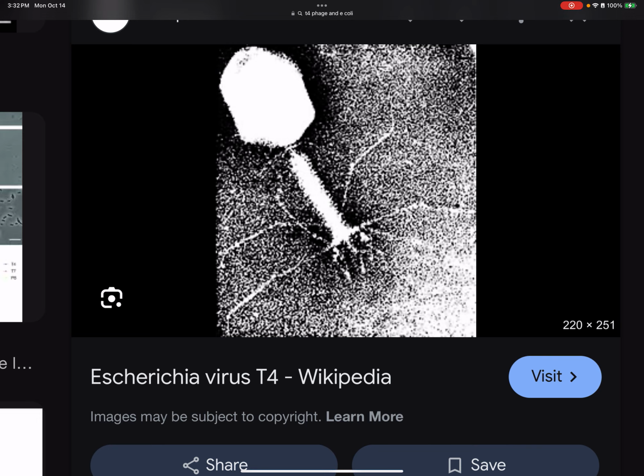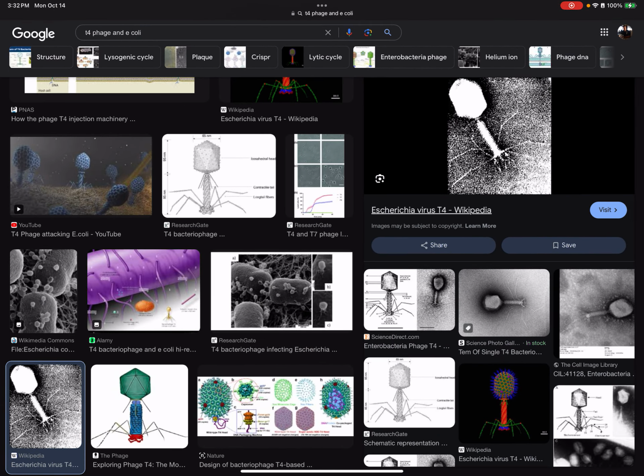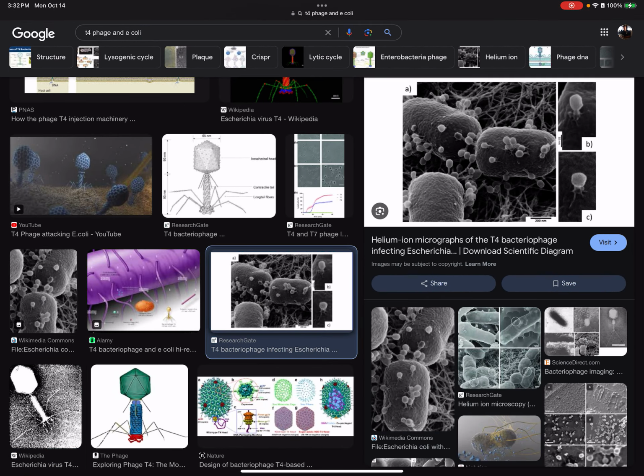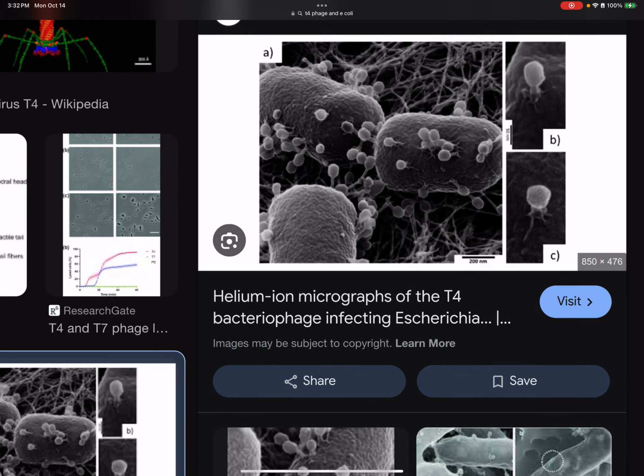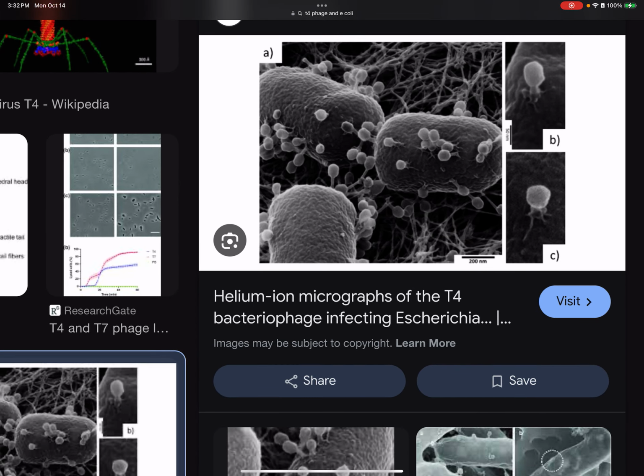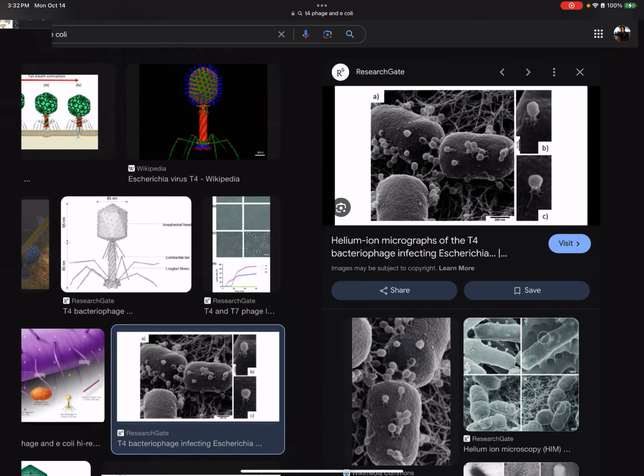Electron microscopes don't use light. They use electrons in a big fancy series of lenses, so to speak. And we have actually seen at incredible magnifications the assault going on on E. coli. The things that look like pills are E. coli, most likely in this case, and those are the bacteriophages.